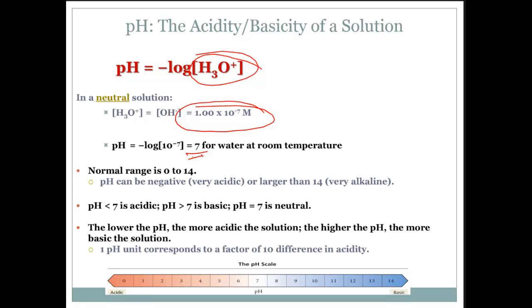The normal range for pH is from 0 to 14. pH can be negative, which would be very, very acidic, and it can be larger than 14, very, very alkaline. A pH less than 7 is acidic, more than 7 is basic, and 7 is neutral. So from this side here, it's acidic. This side here is basic.